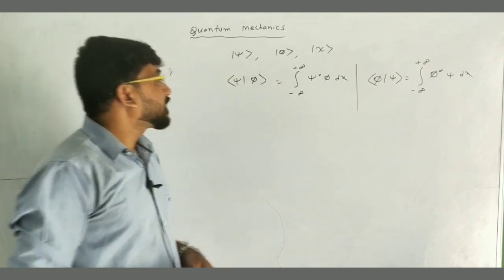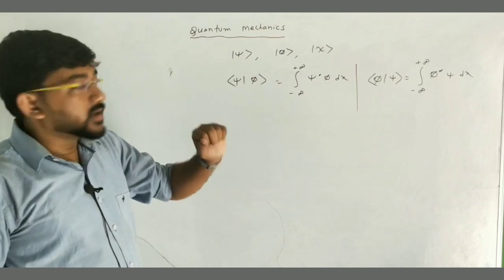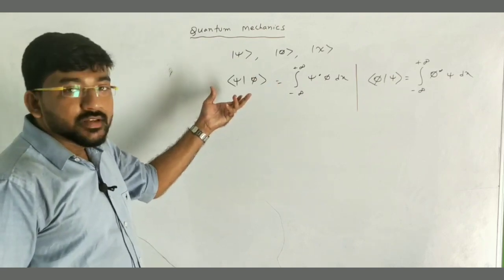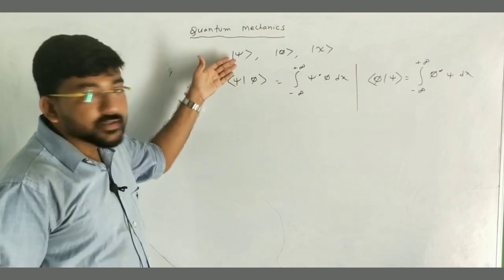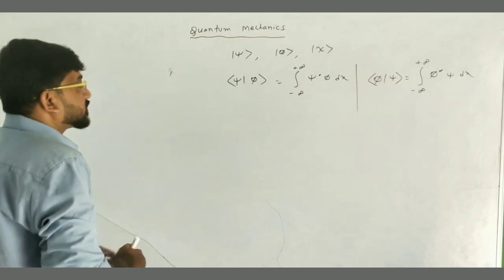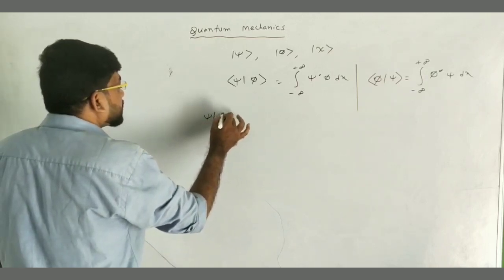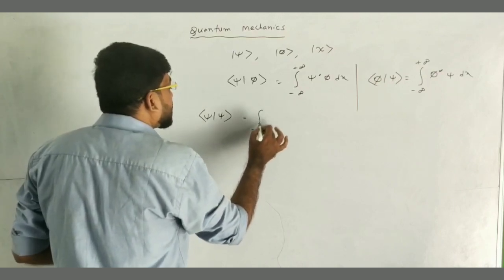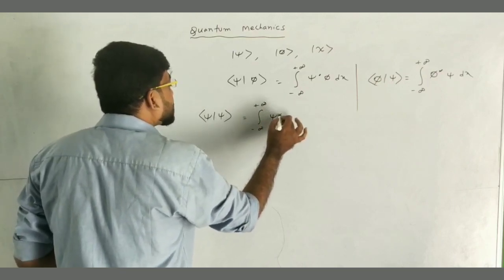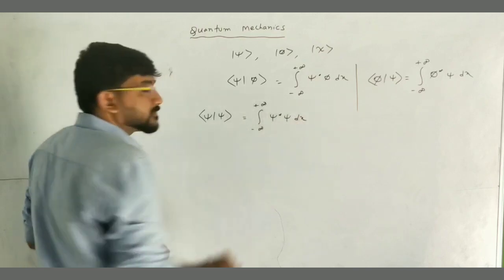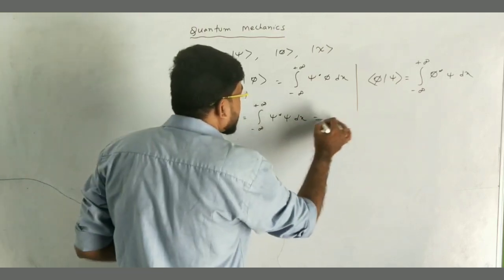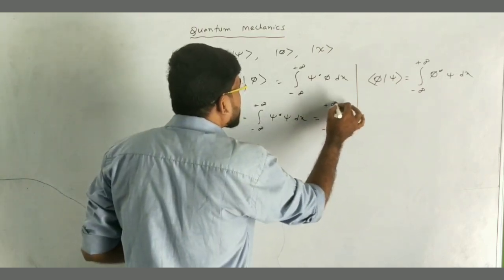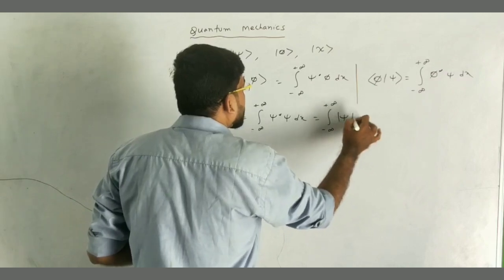Okay. So this is basically the scalar product, and not only this, the scalar product is also defined for a vector with itself. Suppose you have psi with psi, then this scalar product can be defined as the integral from minus infinity to plus infinity of psi star psi dx, that is basically mod psi square dx.